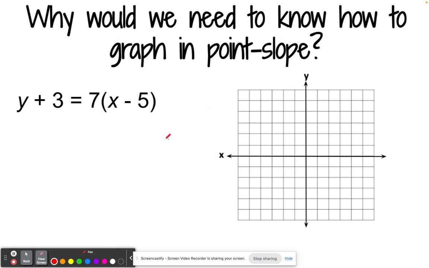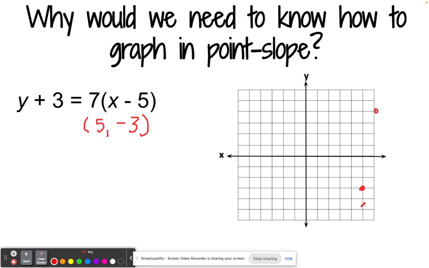So my point here would be 5, -3. My slope would be 7, so 7 up over 1.